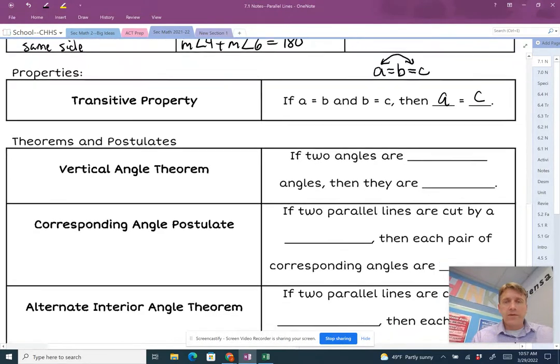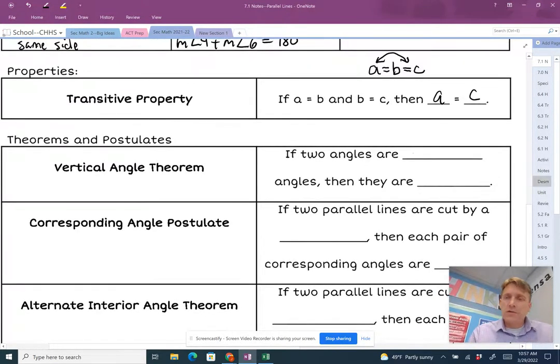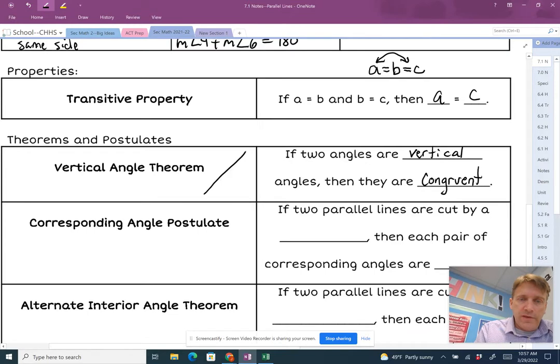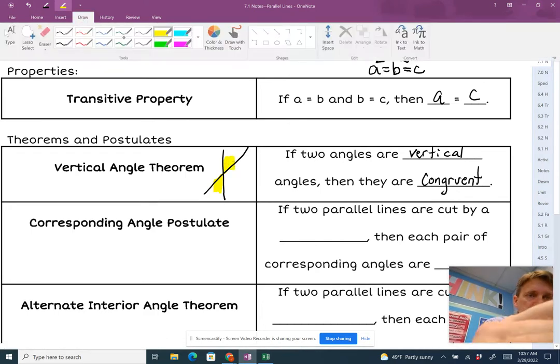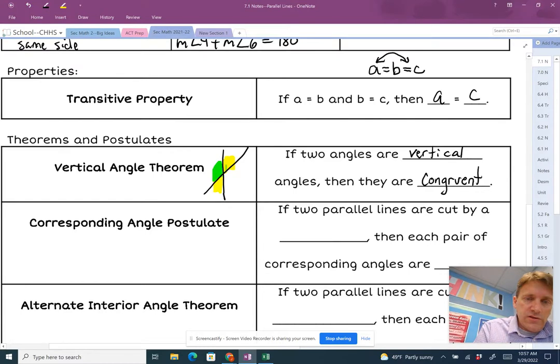Vertical angle theorem. If two angles are vertical angles, then they are congruent. They have the same measure. Remember that from our last unit, that this angle and this angle are vertical angles, as are this angle and this angle, also vertical angles.